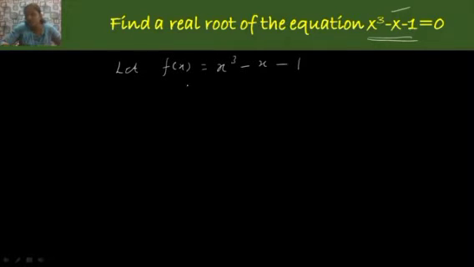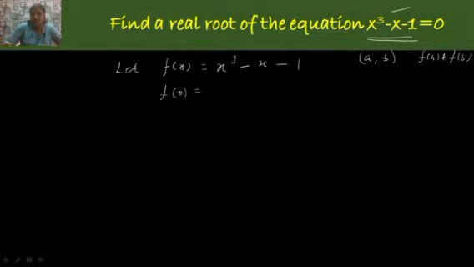As I told you already, for a given function, we have to find the values of a and b for which f of a and f of b are of opposite signs. Which means for the given function, the root of the equation lies in the interval a comma b, isn't it? So to find the values of a and b, let me start with the value 0.